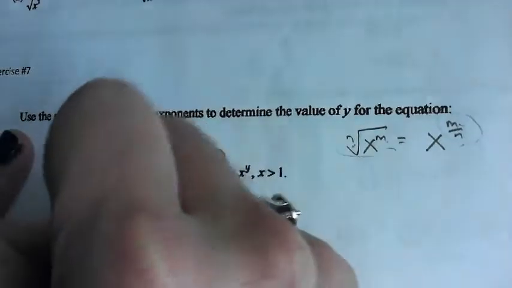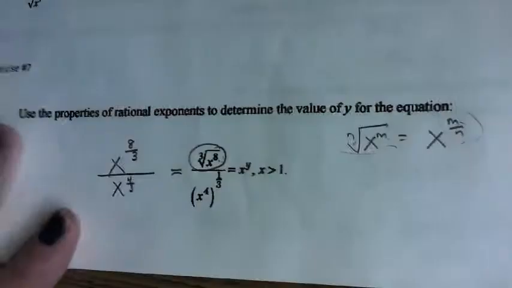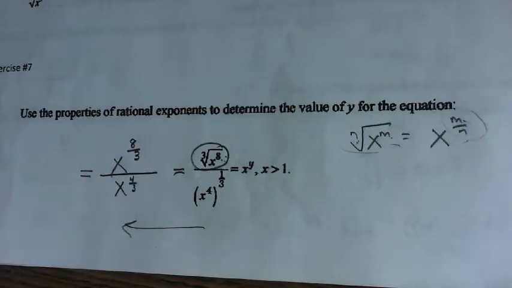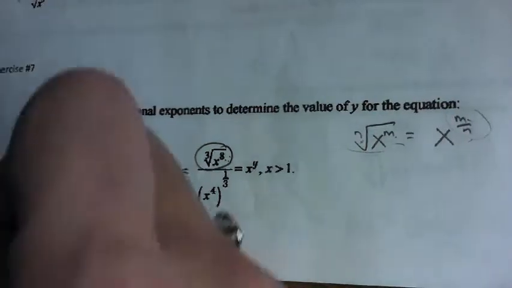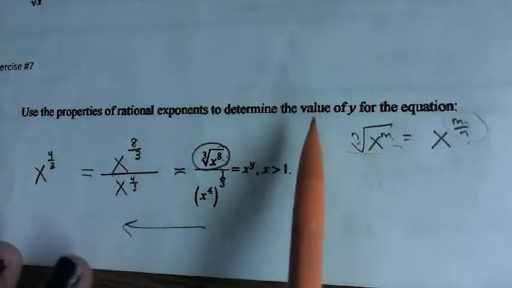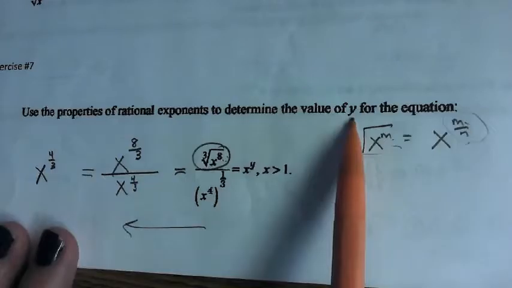So 4 times a third is 4/3. And then common bases being divided means I do what with the exponents? Subtract. 8/3 minus 4/3 is how many thirds? 4/3. So then the question is, what is the value of y?